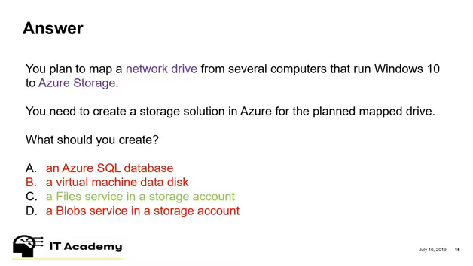So the reason why blob storage isn't right is because if we create a blob service container in our storage account, we're not just going to be able to map a drive to it. So this is another example of your exam questions where some things might seem correct. This is another example of that horrible, oh, there's a right answer, then there's the Microsoft right answer.